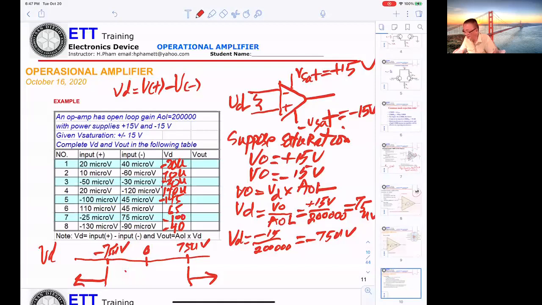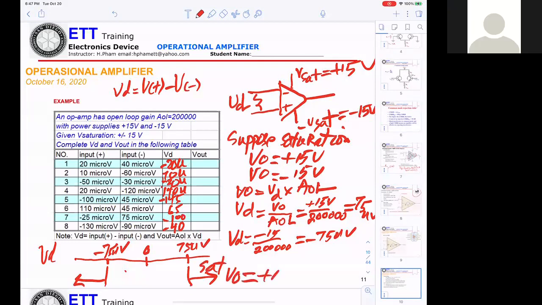That is only telling you that if the input is higher than 75 microvolt, then the op-amp is saturated, and V out equals 15 volts.